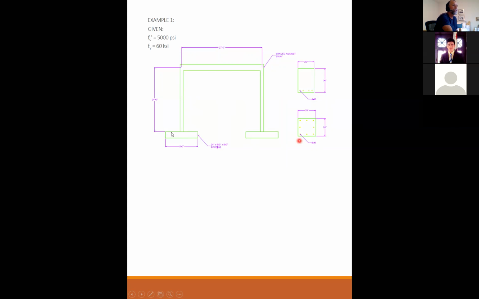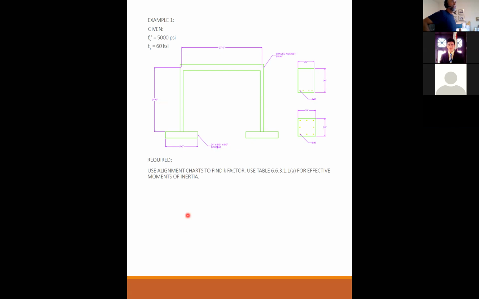And the column section is here. It's a 20 by 20 column. The footing is a 24-inch deep, 6 foot by 8 foot footing, and the 8 foot is in the direction of loading. Center to center is 24 feet and 27 feet for the beam. What I want to know is, what is my K factor?